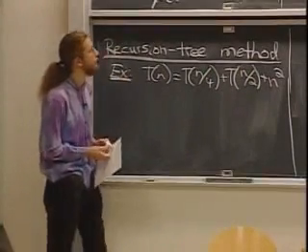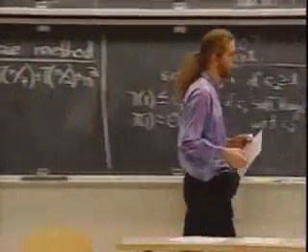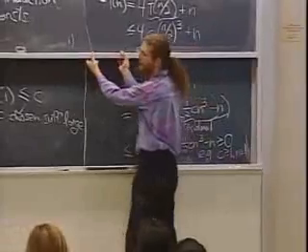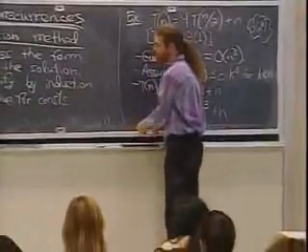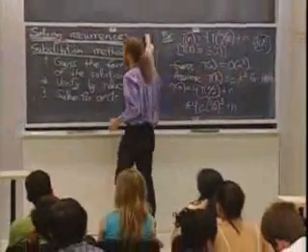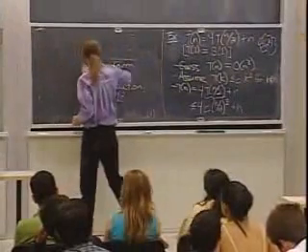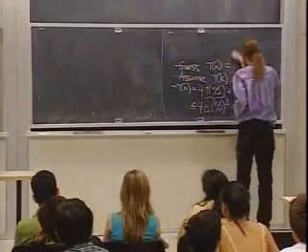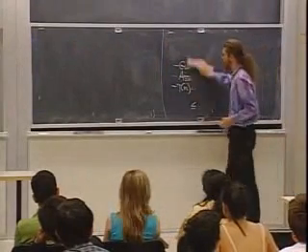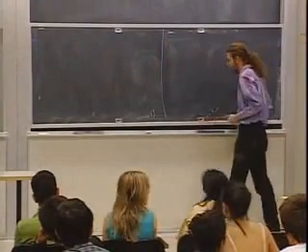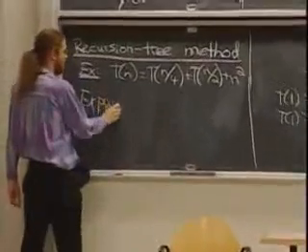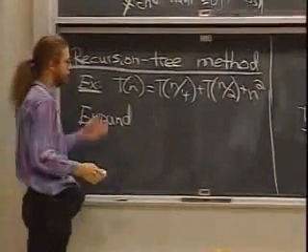So what we're going to do is draw a picture of how we're just going to expand out that recursion in tree form, and then just add everything up. The general principle in the recursion tree method is we just draw this as a picture.